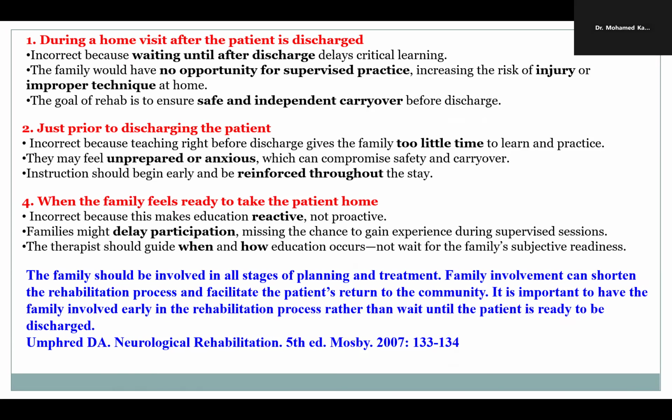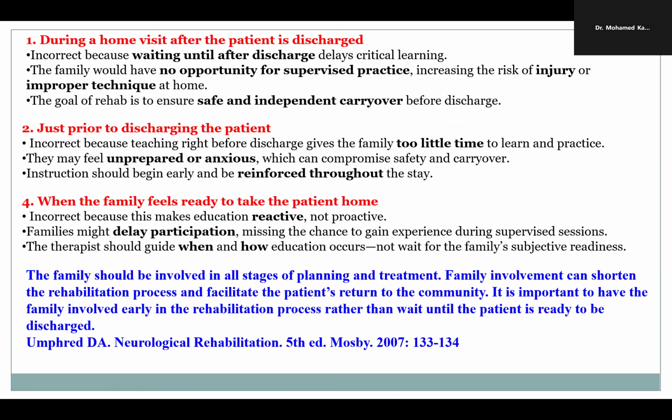The family might use improper technique in using the assistive device or in assisting the patient to transfer from sit to stand or for ambulation activities. So no, this will not ensure safe and independent carryover.